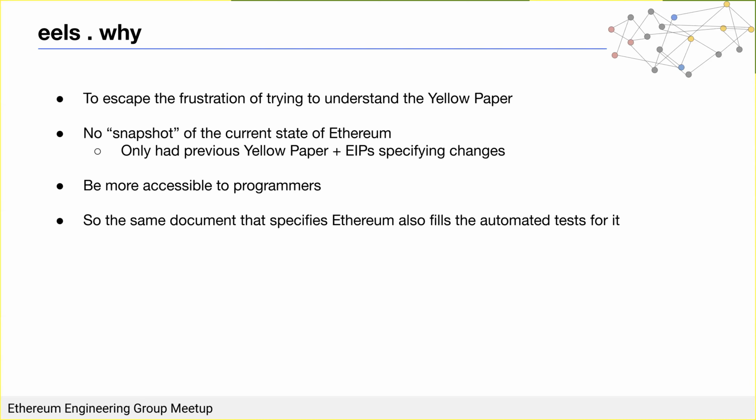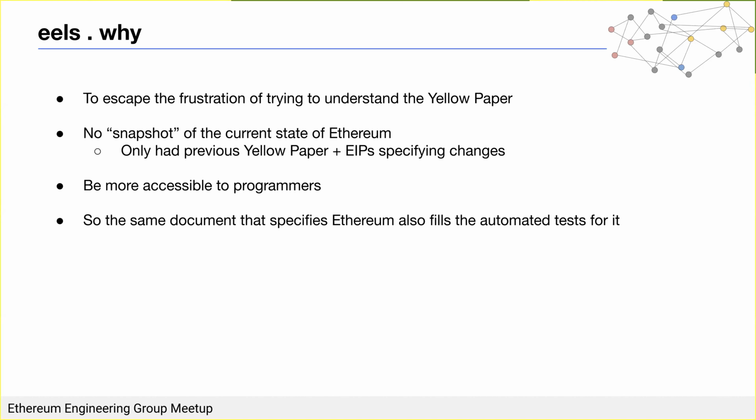EELS is going to solve that. The output from EELS at every hard fork is a complete specification of that hard fork. We also want to be more accessible to programmers. Python is a very, very popular programming language, and it's very easy to read even for people who aren't familiar with programming with it specifically.